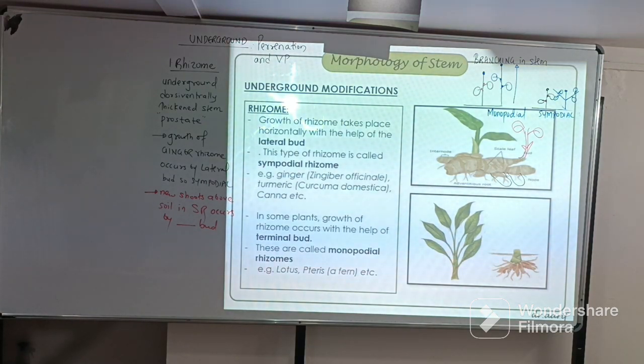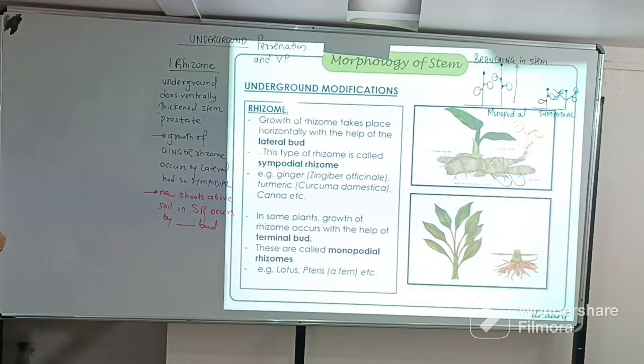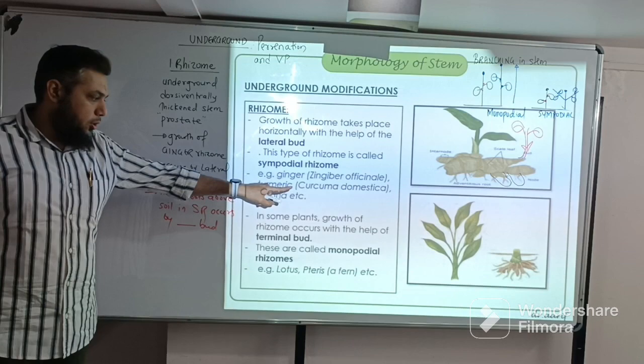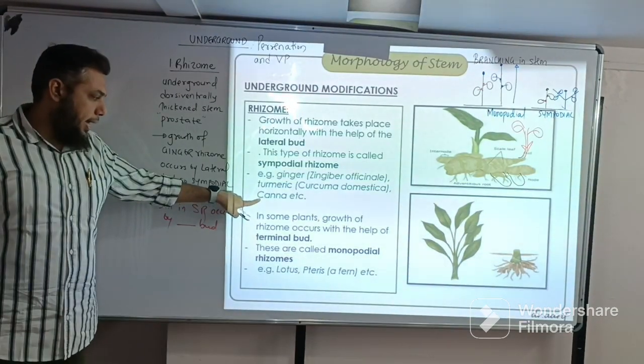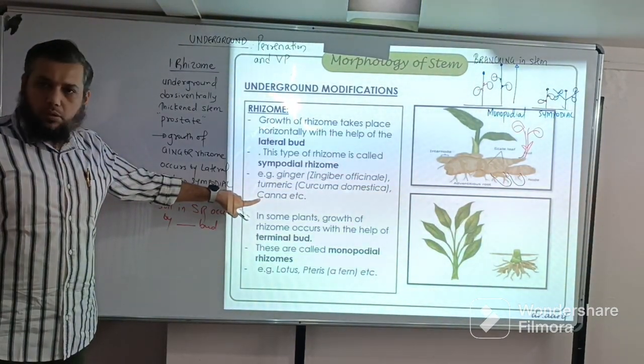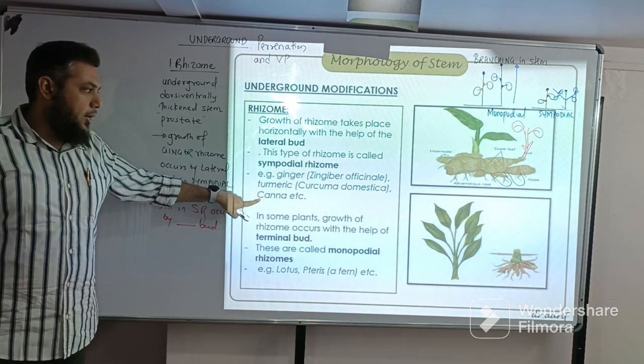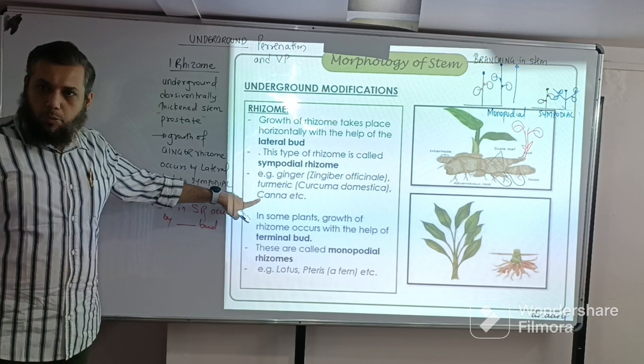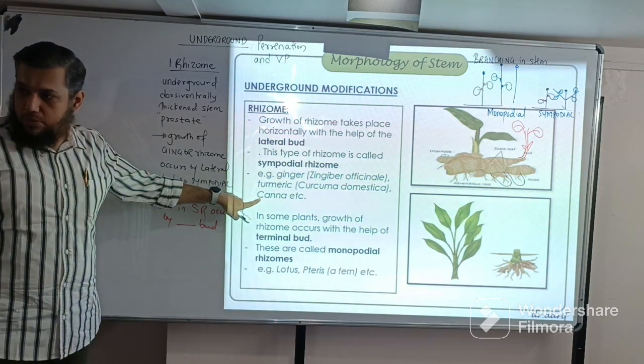Axillary bud. Such a rhizome is called which rhizome? Other examples of such sympodial rhizomes are Curcuma domestica and Canna. And you have written that in your examples.